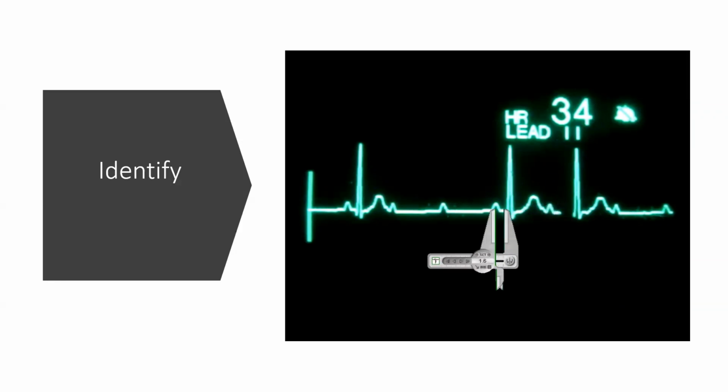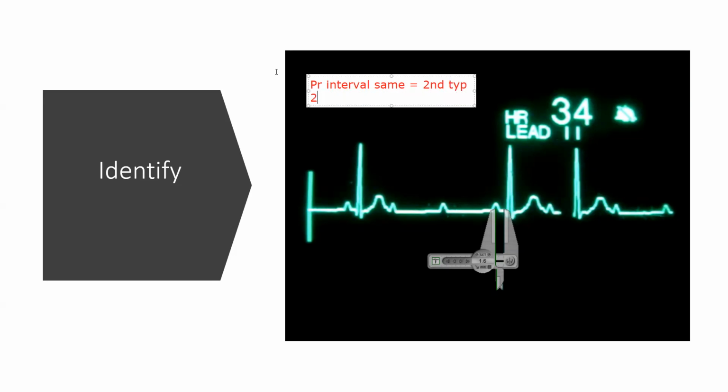So whenever you have an AV block and you are measuring the PR intervals, what's going to be important is that whenever the PR intervals are going to be the same, then that means to say that the block is going to be a second-degree AV block type 2.